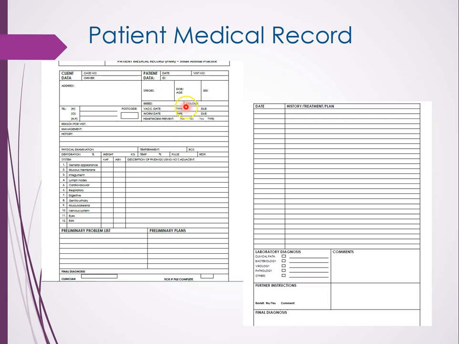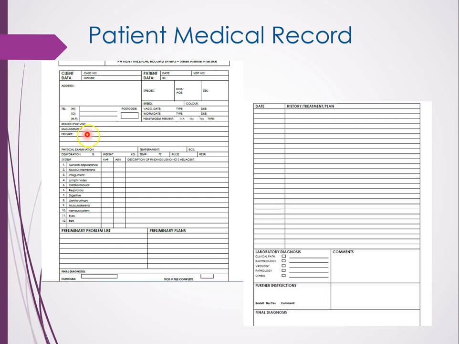This information will actually help you to narrow down your differential diagnosis later after you analyze your physical examination findings and of course history. Okay, so basically I would really rely on this form.